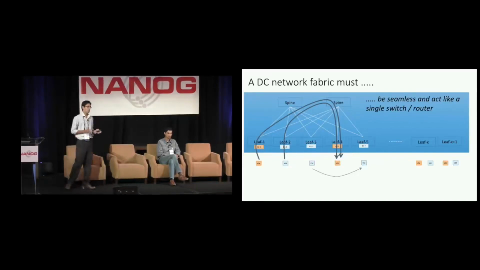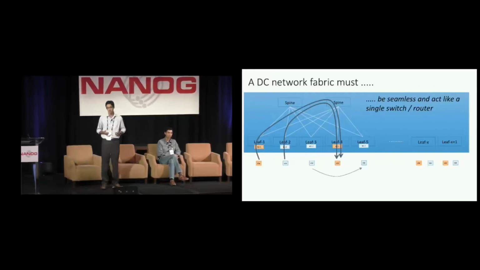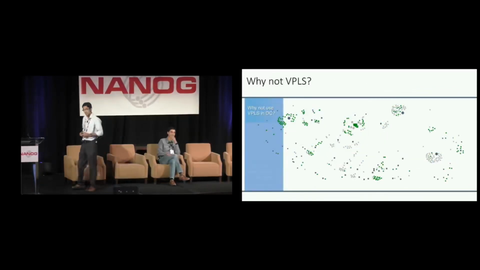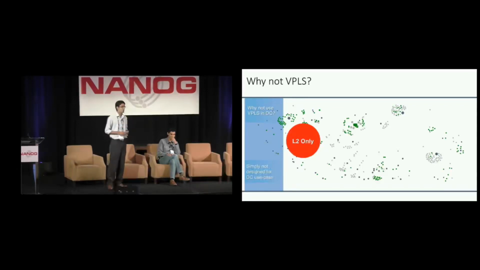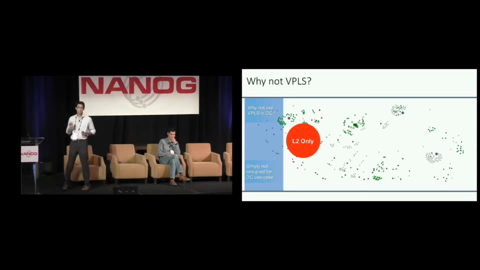But there might be a question: why can we not achieve all those objectives with existing technology like VPLS? First of all, VPLS is a layer 2 technology only. You cannot achieve a unified control plane across multiple domains, which is very critical for operational simplicity.